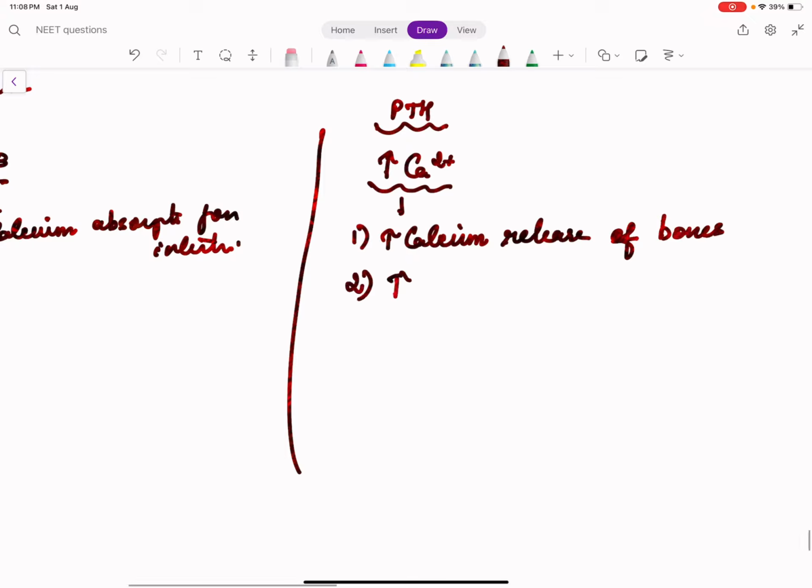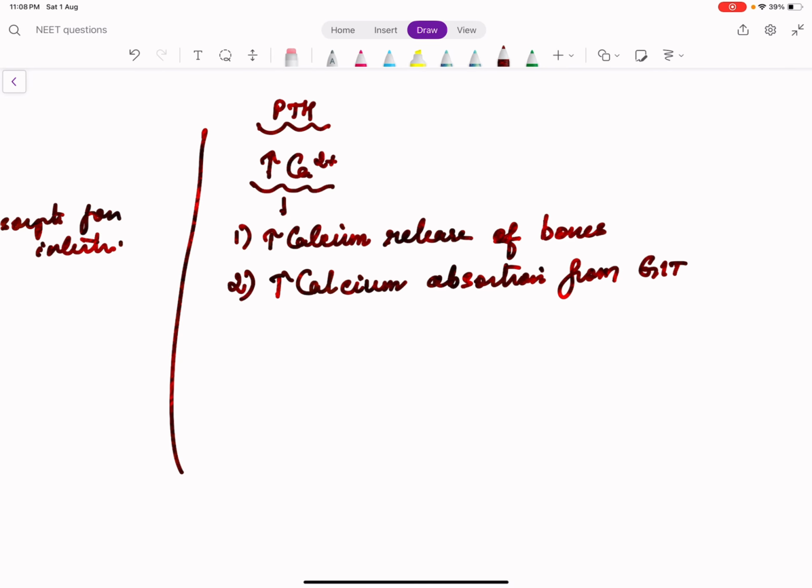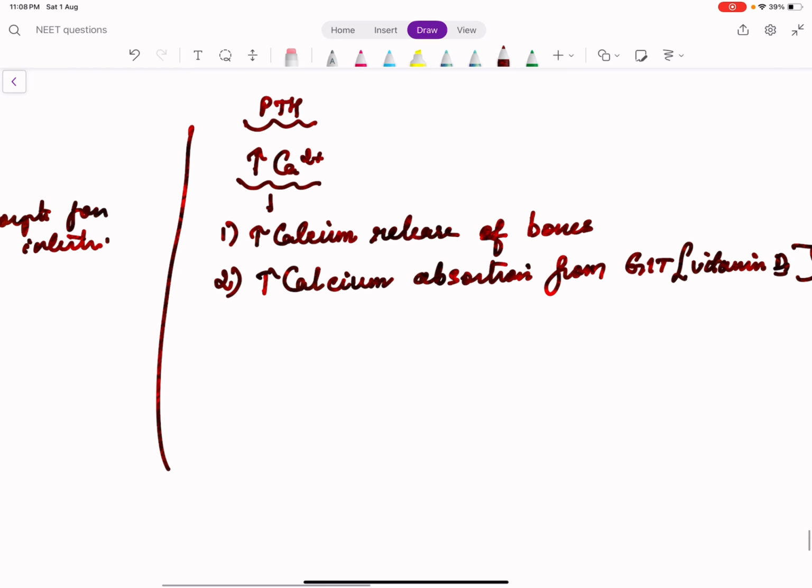Second, it increases calcium absorption from the GIT. This action is brought about by vitamin D. Through vitamin D, PTH causes increased calcium absorption from the GIT. And what happens in the kidney? It causes calcium reabsorption from the proximal tubules.